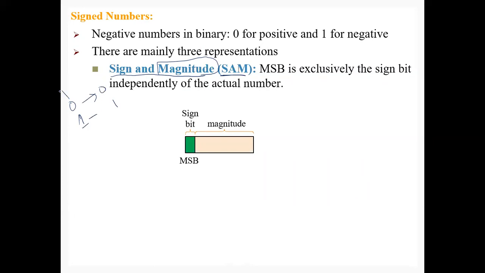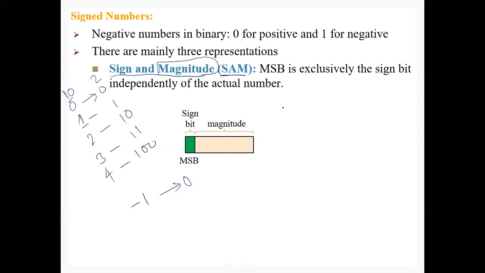This is base 10, this is base 2. 2 is 10, 3 is 11, and 4 is 100, and so on and so forth. So how about negative 1 now? How do you represent negative 1? You should pad 0 in the front. Here we had to put a 0 in front. Sorry, minus 1 here.